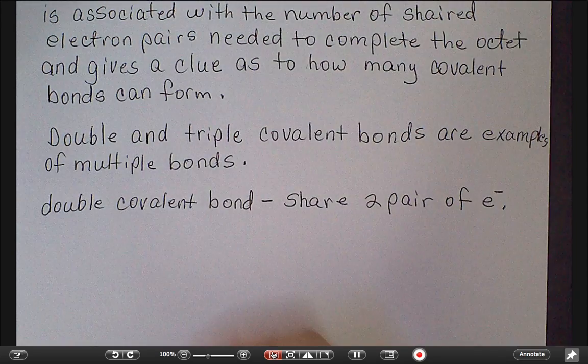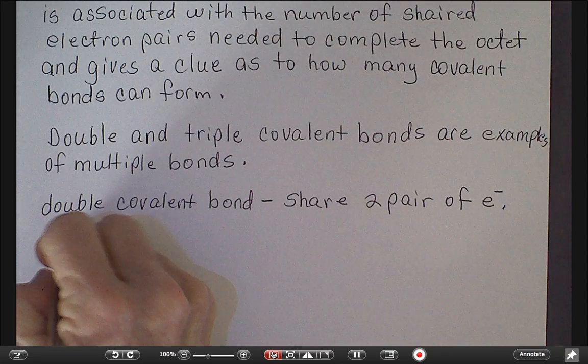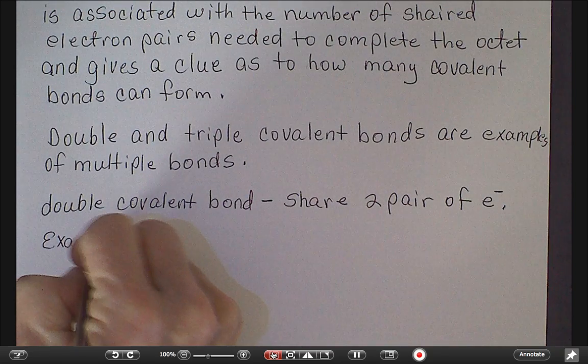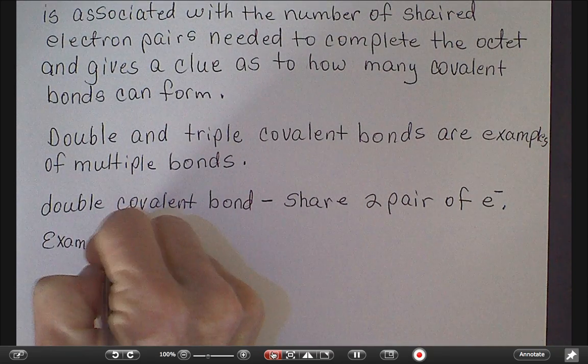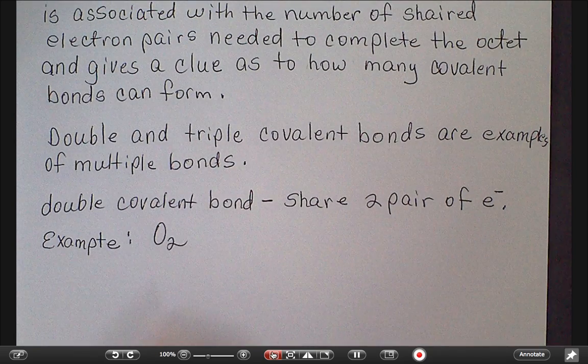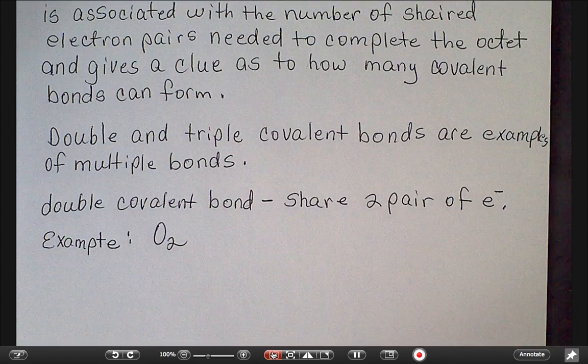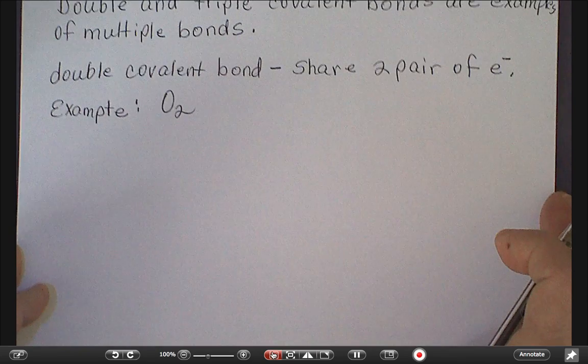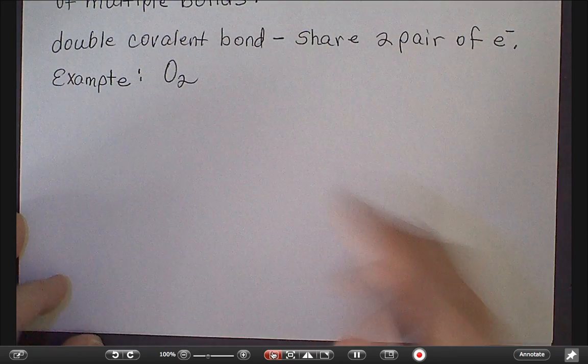Okay, example. Whoa, that's not a T, that's an L. O2.